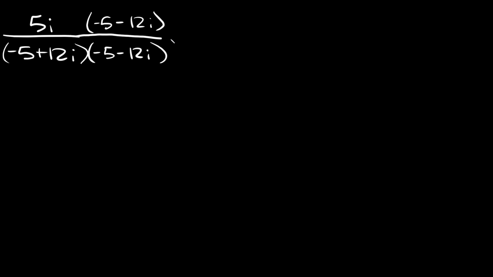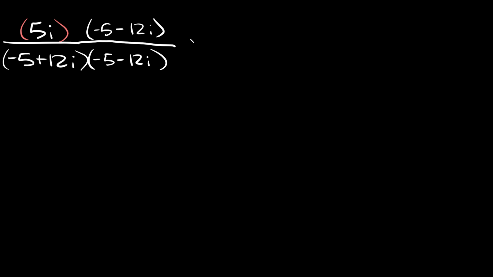All right, so now we can multiply all this together. Again, we're just going to distribute this 5i into this first set of parentheses. So here, let's see, 5i times negative 5 is equal to negative 25i, and 5i times negative 12i is equal to negative 60i squared.